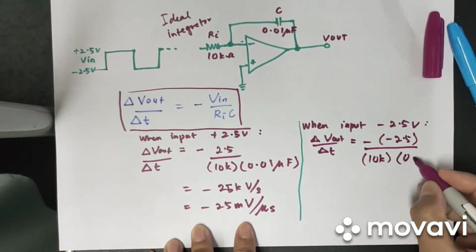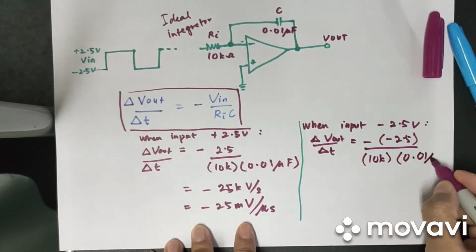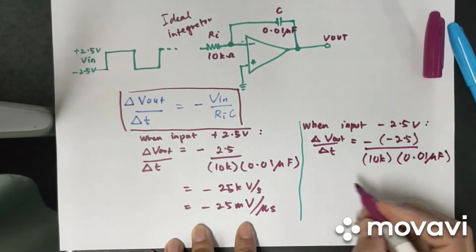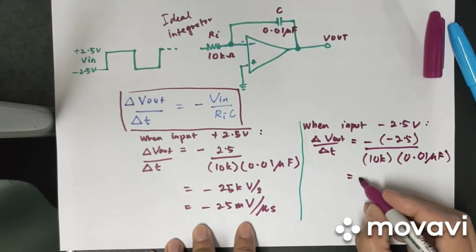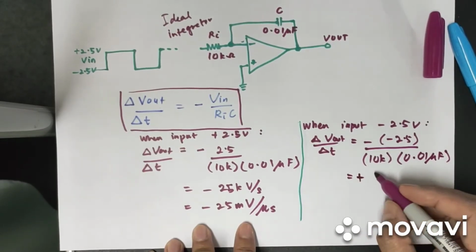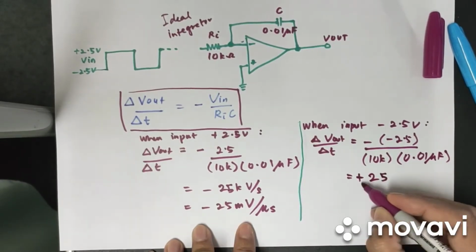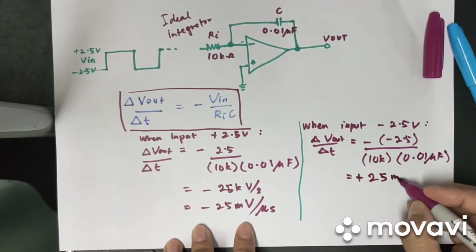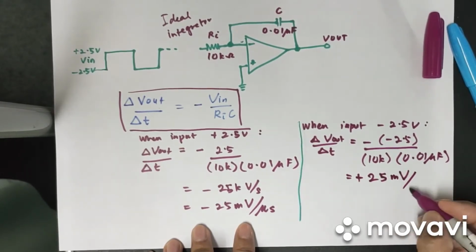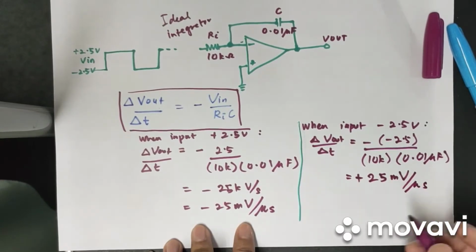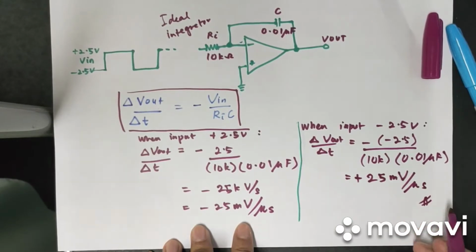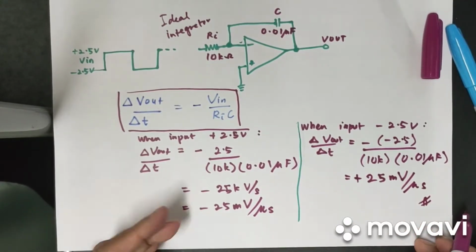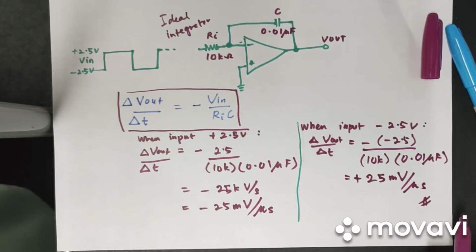Everything is just the same except the value and unit. So now you will get the final answer as positive 25 millivolt per microsecond. So be sure that you note the final unit when you answer your examination.